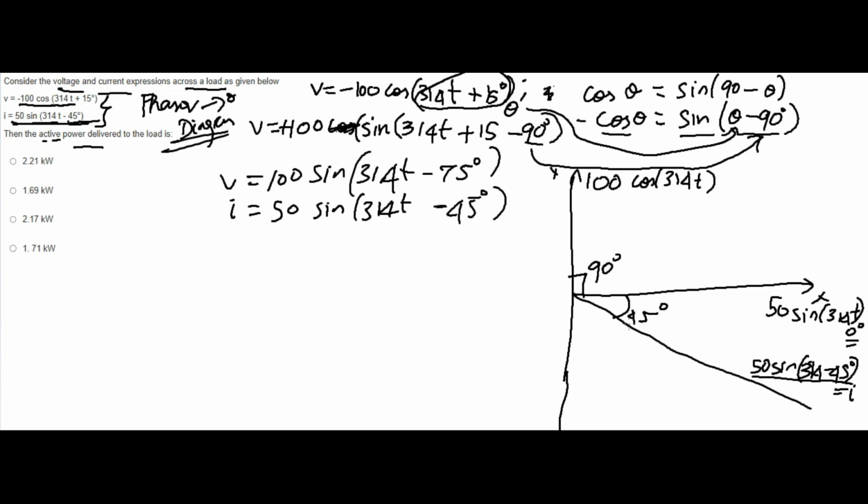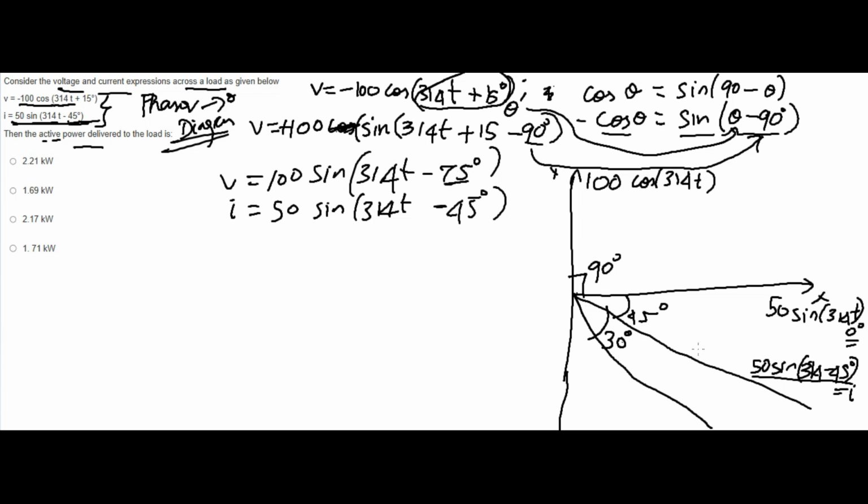Now what do I do? The line still has to touch this line, so once again I'm going to do a 30 degree reduction, one more 30 degrees. So 45 plus 30 becomes 75.